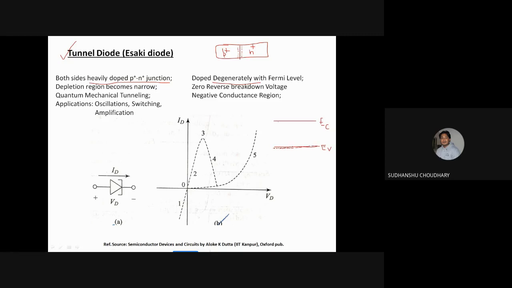Similarly, if it is a degenerate n-type semiconductor, then the Fermi level will overlap the conduction band edge. So these are called heavily doped or degenerate semiconductors, where the Fermi level overlaps either the valence band edge or the conduction band edge. Both sides are heavily doped or degenerately doped.